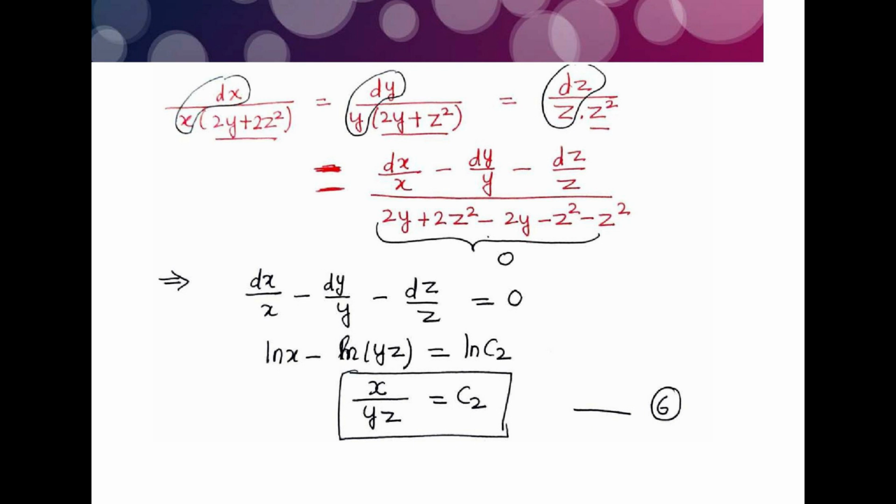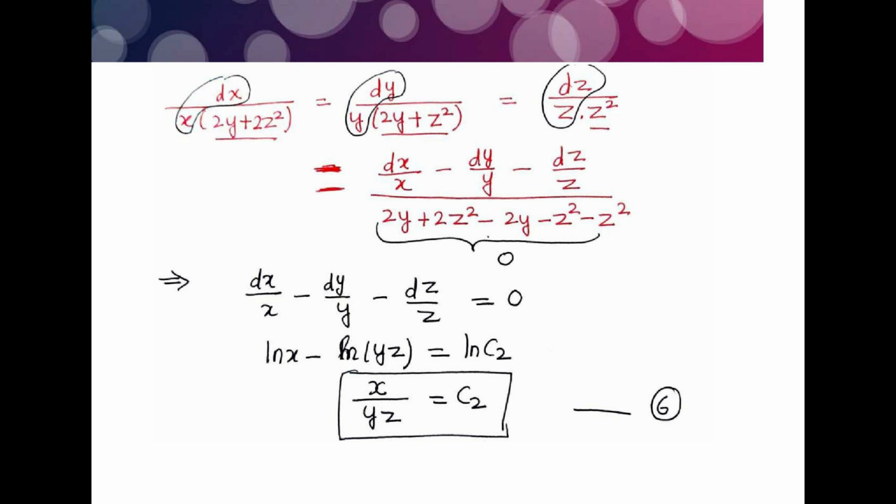So try to look for this combination dx upon x plus dy upon y plus dz upon z, or some other combination. Here if we see the denominator terms carefully, the combination which we can apply is dx upon x minus dy upon y minus dz upon z, and in this case the denominator part is becoming 0. So the numerator is also going to be 0.